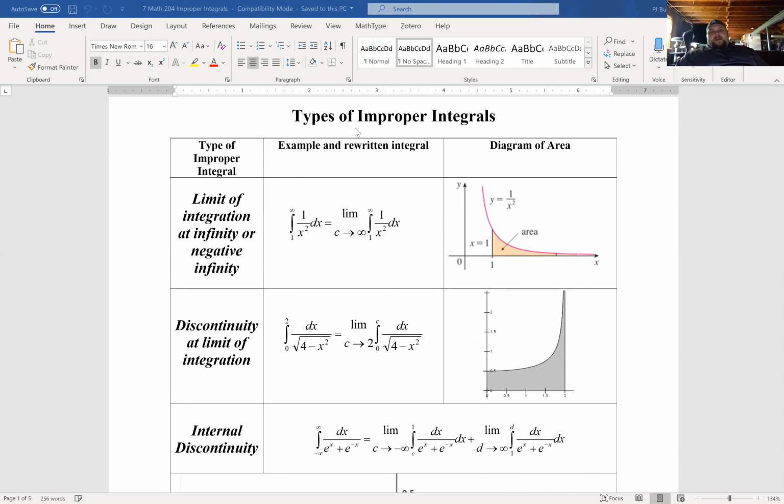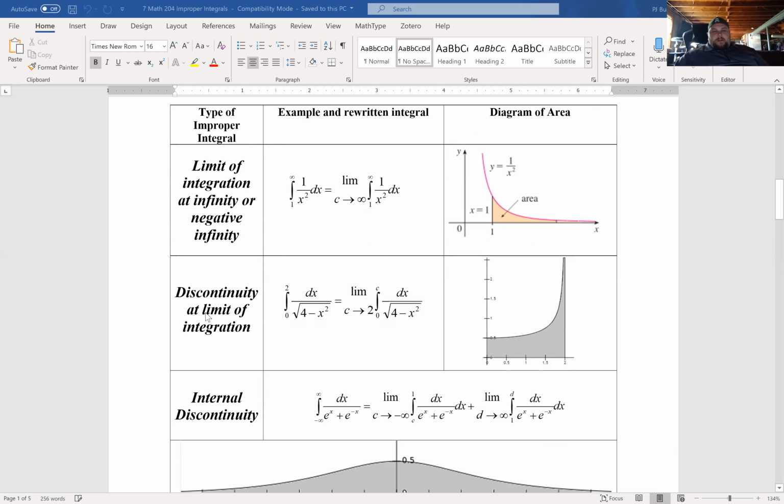So what kind of improper integrals can we have? As I said, we can have ones where there's a discontinuity at the limit of integration. So here I've got 0 to 2. And you notice in this function that if I plug 2 in, 4 minus 2 squared is going to give me a 0. So that means that the value of 2 has to get replaced with c.